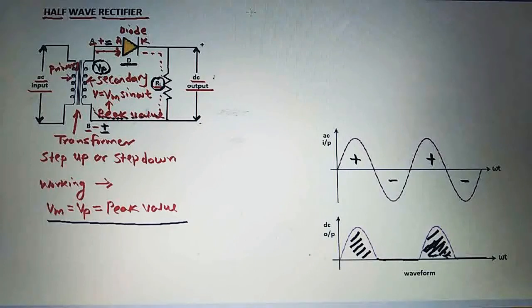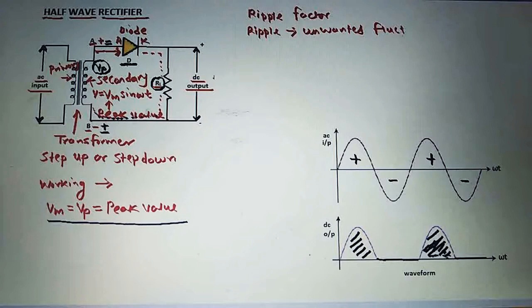Next is the ripple factor. See here first, what is ripple? Ripple is unwanted fluctuation. Ripple is unwanted fluctuation.